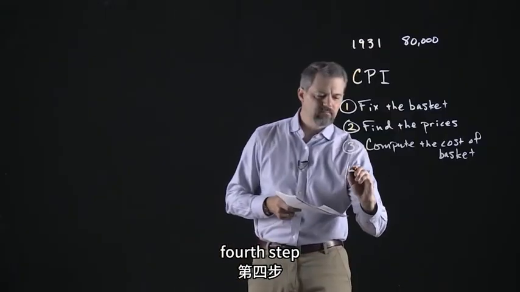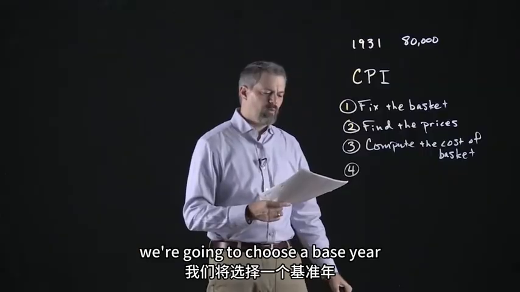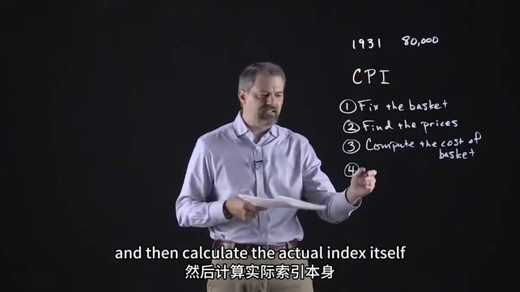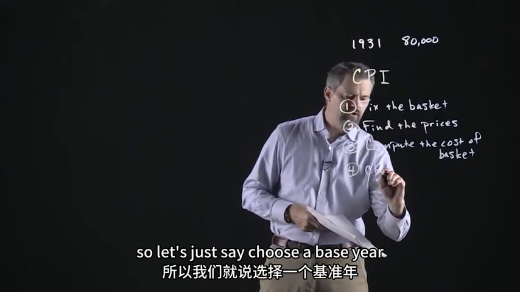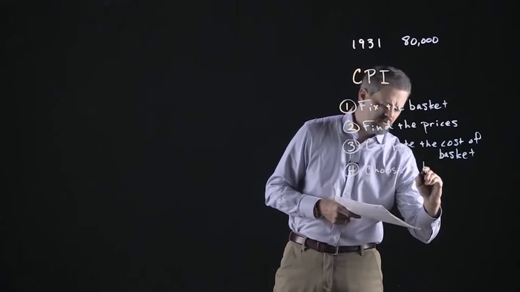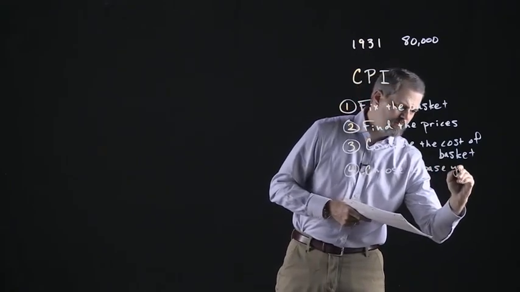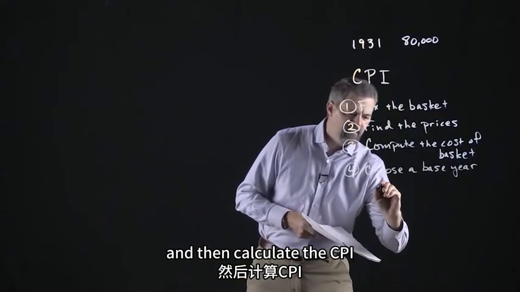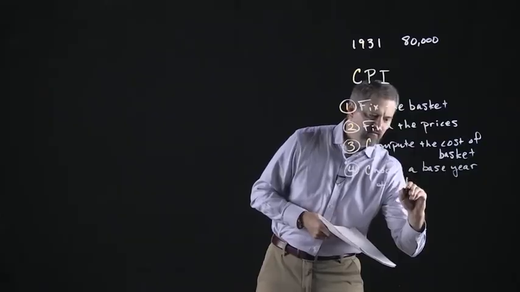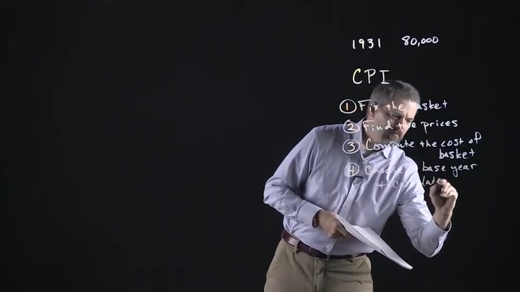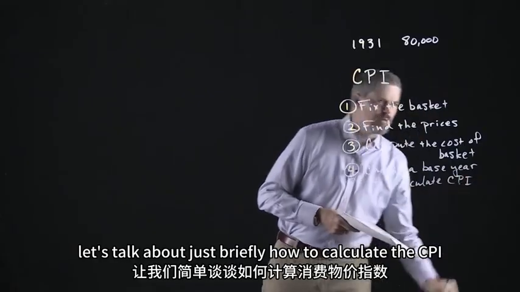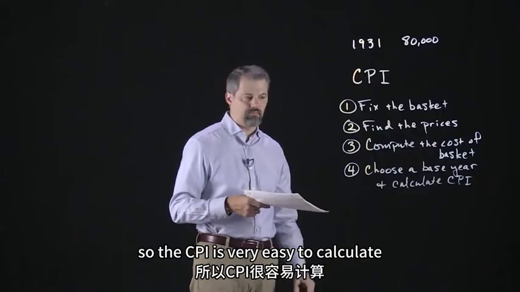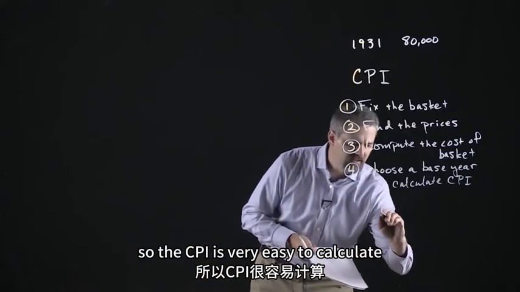The fourth step, we're going to choose a base year and then calculate the actual index itself. So let's just say choose a base year. And then calculate the CPI. Let's talk about just briefly how to calculate the CPI. So the CPI is very easy to calculate.